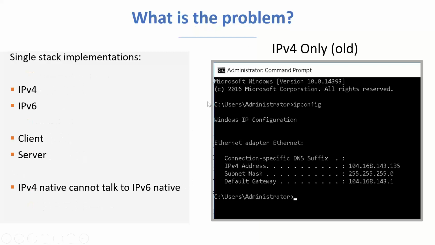So what's the problem here? Well, for many years now, we're used to having a single stack implementation, but that single stack is IPv4 only. And so that makes, in some ways, things much simpler. It doesn't mean simple by any stretch of the imagination.